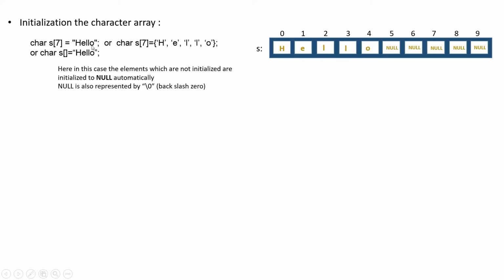"Hello" contains 5 elements, so as you see here, the array will be initialized to H, E, L, L and O. The rest of the elements are automatically set to a null value. Every string or character array ends with a null value. A null value can also be represented as backslash 0.